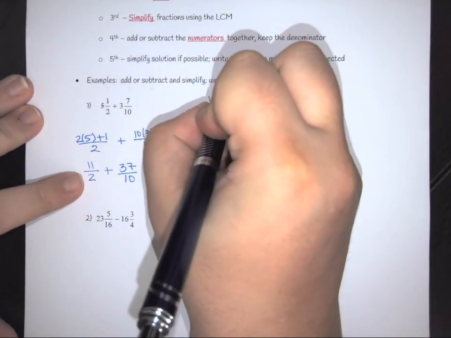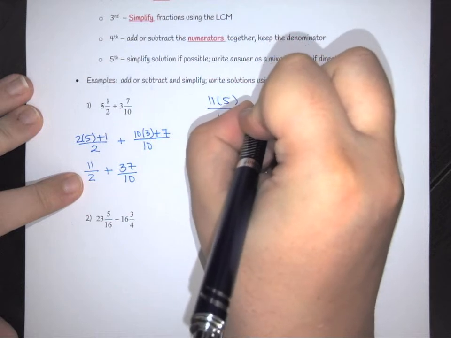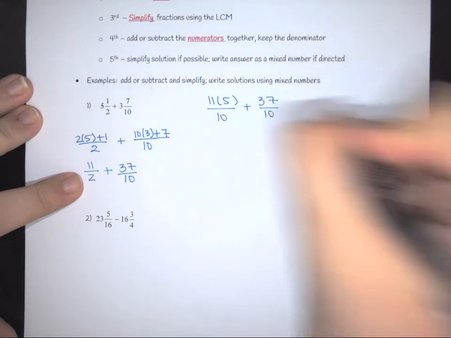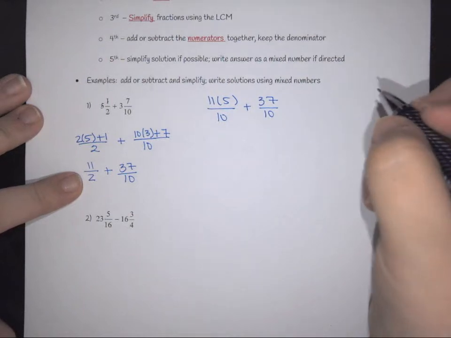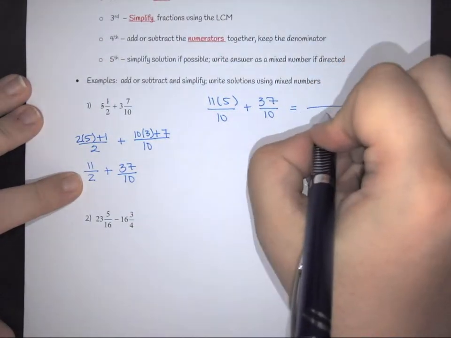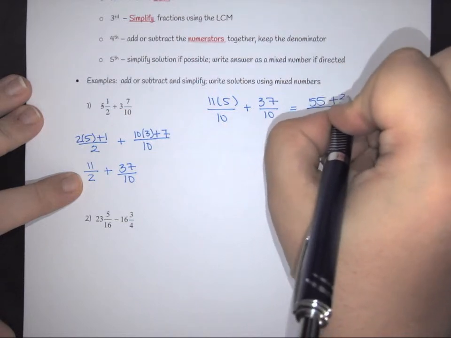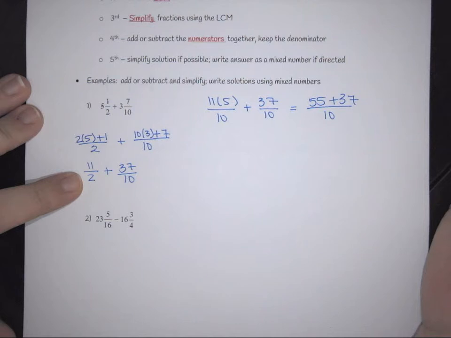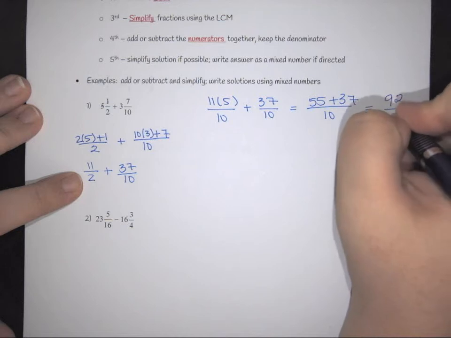So 11 times 5 over 10 plus 37 over 10. 11 times 5 is 55. So this is going to end up being a single denominator, and I have 55 plus 37. Well, 55 plus 37 is going to give me 92 over 10.